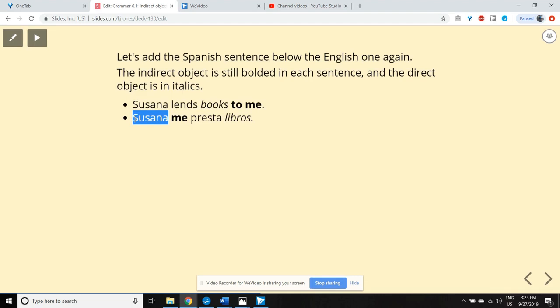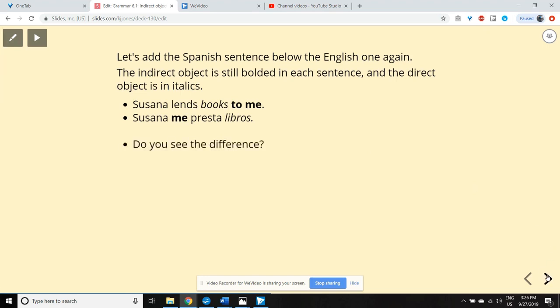Okay? So Susana controls the conjugation of the verb presta. This me is an indirect object pronoun. It has no ability to control the conjugation of a verb. That's not what indirect object pronouns do. Indirect object pronouns explain to whom or for whom the action of the verb is intended.